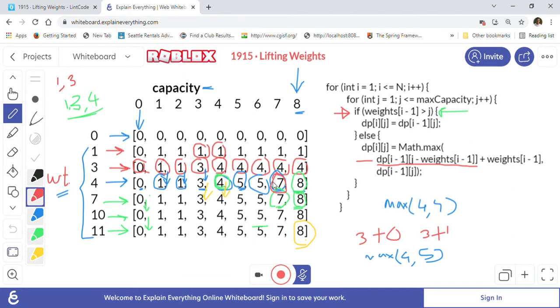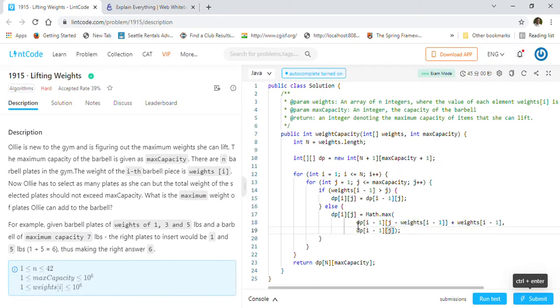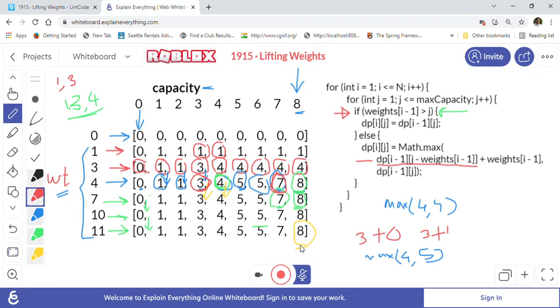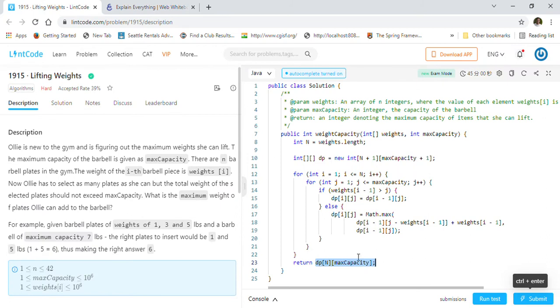We have weight 4, and the capacity is 7. 7 minus 3 is 4, so we go to this cell and add 4 plus 3, which is 7. That is what this formula does, and we take the max and assign it to DP of i j. At the end, DP of n, max capacity, this last highlighted cell, is our answer that we return.